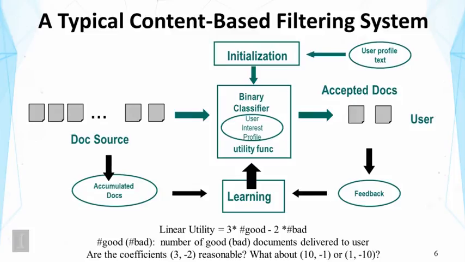On the other hand, if you choose 1 and -10, you don't really get such a big prize if you deliver a good document. On the other hand, you will have a big loss if you deliver a bad one. You can imagine that the system would be very reluctant to deliver a lot of documents. It has to be absolutely sure that it's not a non-relevant one. So this utility function has to be designed based on a specific application.